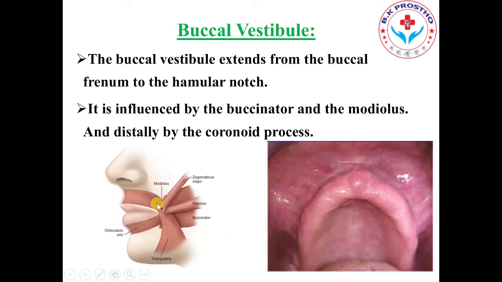The modiolus is a knot-like structure distal to the corner of the mouth where the facial muscles join together: the orbicularis oris, triangularis, buccinator, risorius, and zygomaticus muscles. So the modiolus, buccinator muscle and coronoid process influence this buccal vestibule.